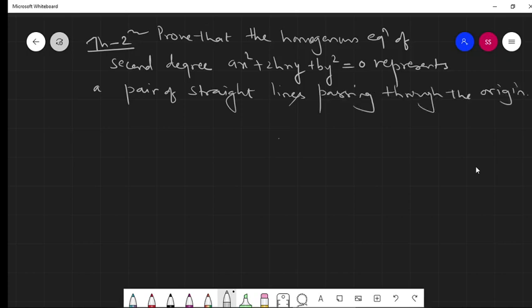This is an important theorem. Yes, we have to prove this.